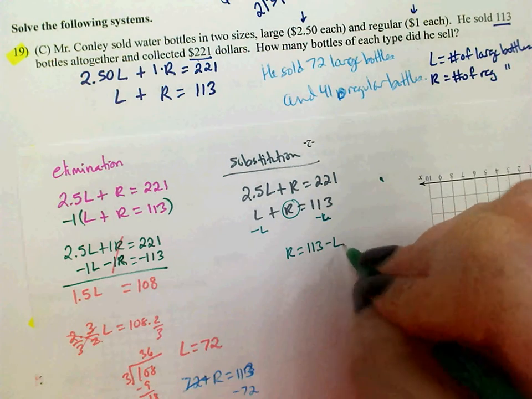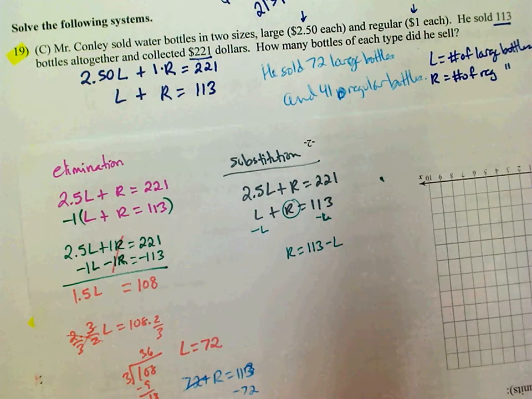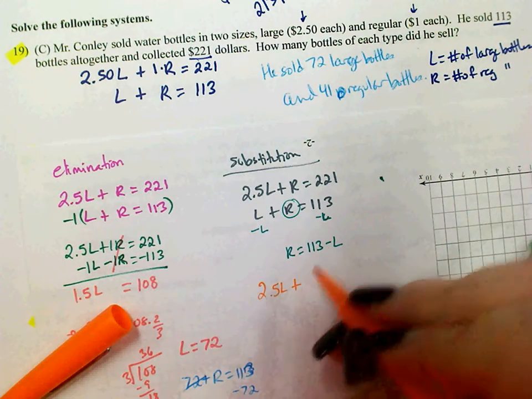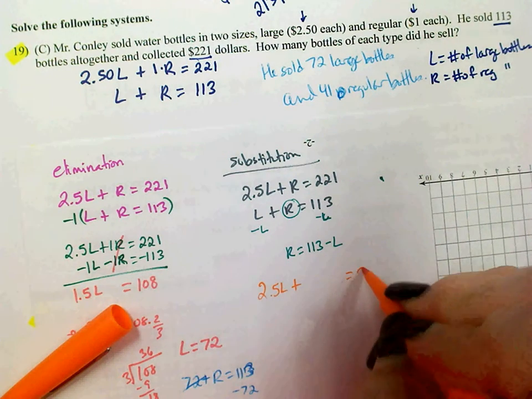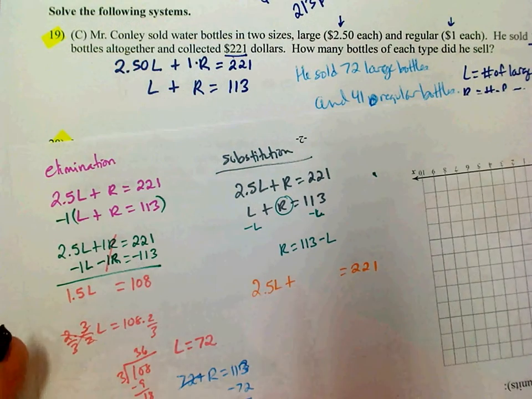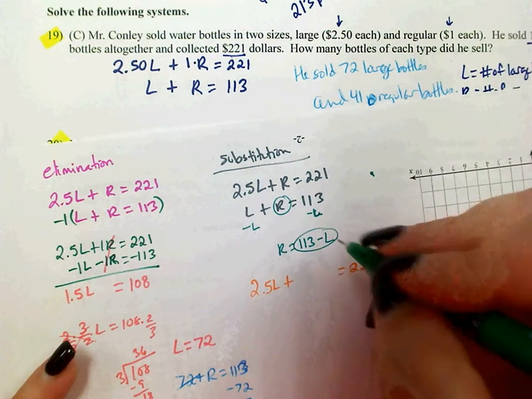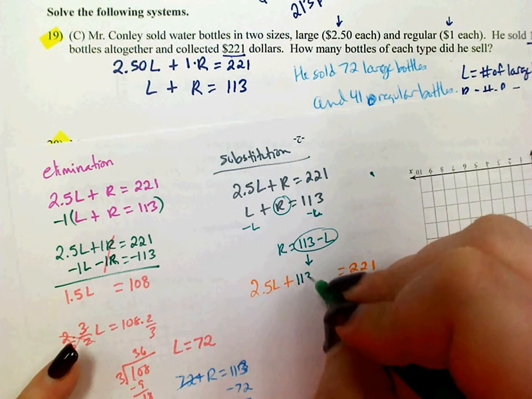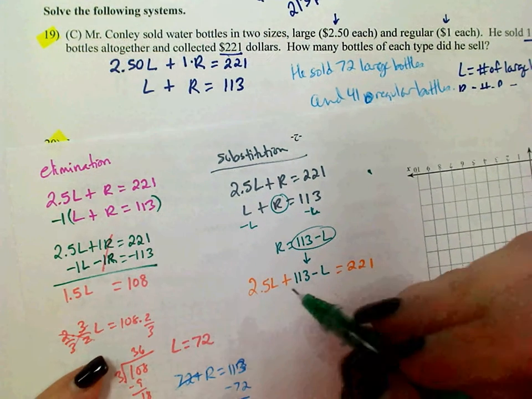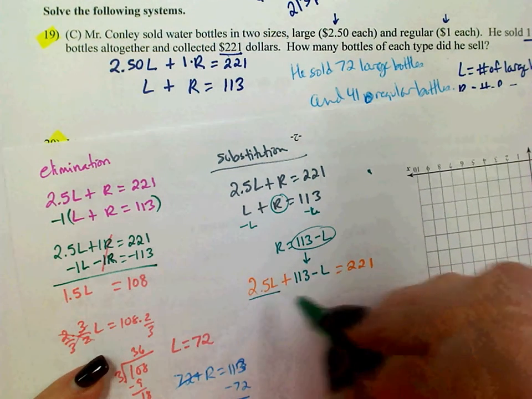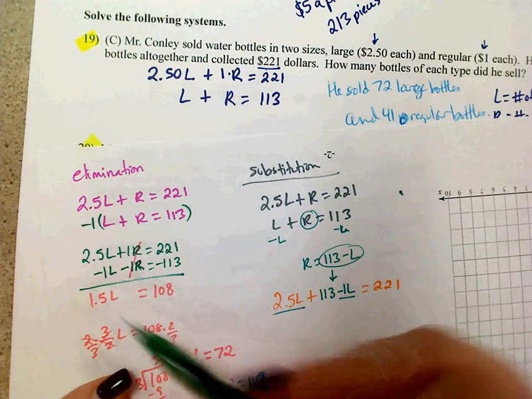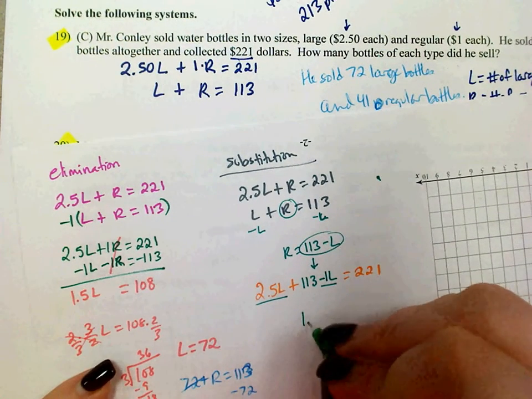So in the top equation, 2.5L plus R equals 221, in place of R I'm going to put what R equals in the other equation, 113 minus L. What you'll find is that you get 2.5 minus 1, which is very similar to what we did before, and that is 1.5L.